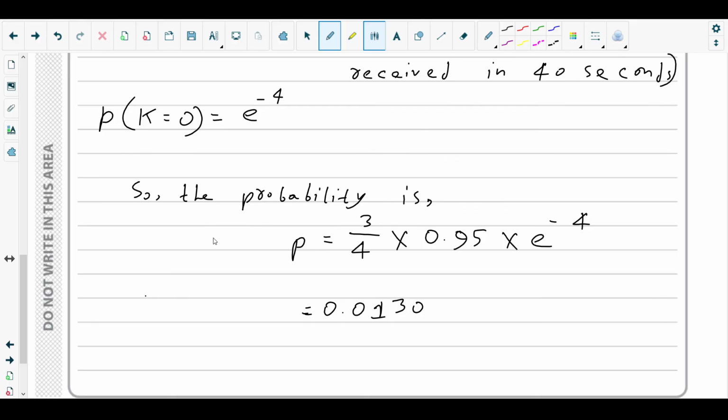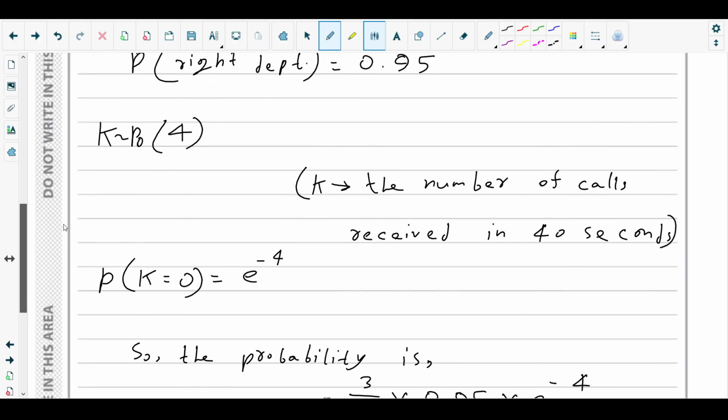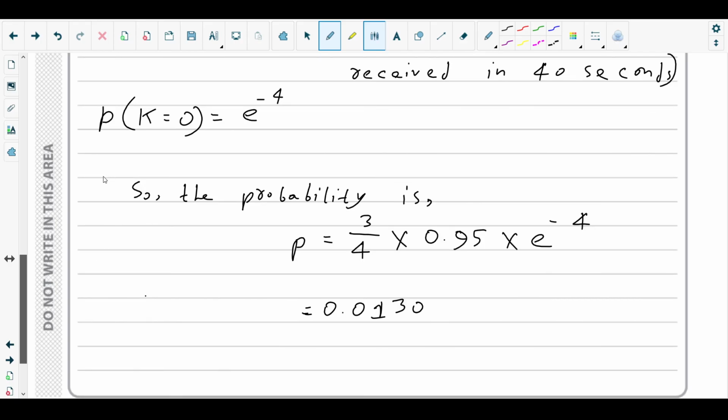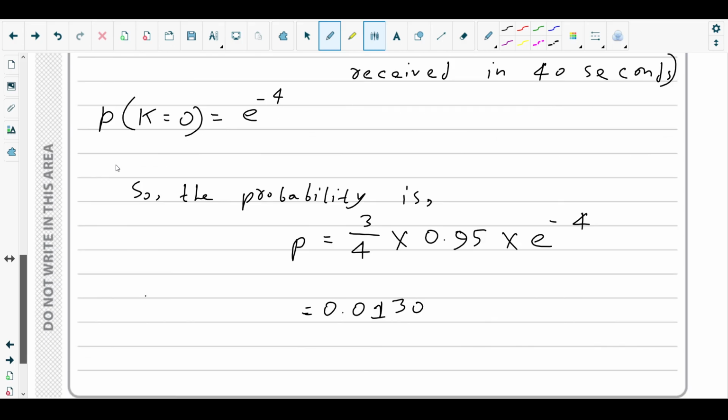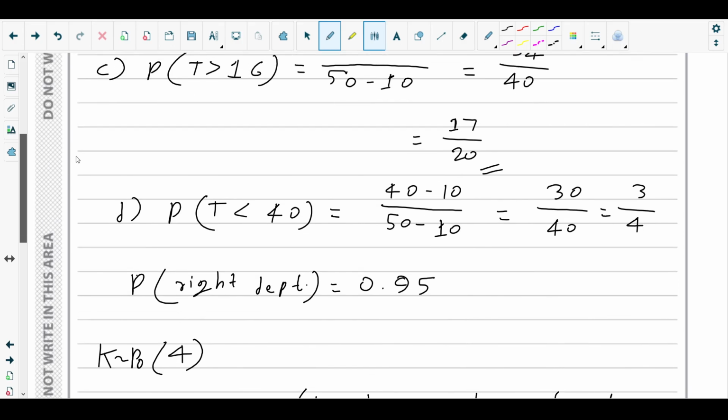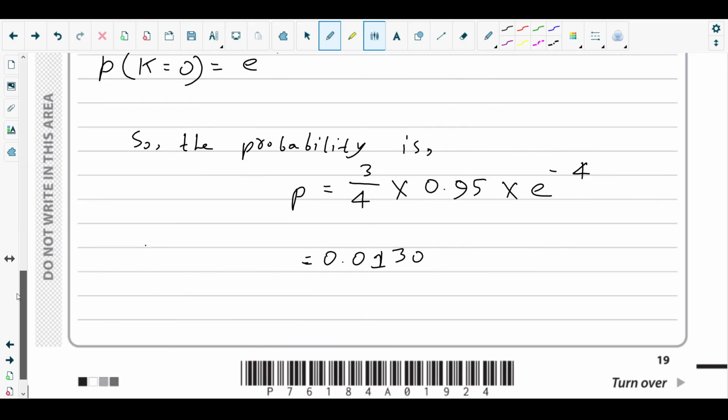Now, how many decimal places can you consider? They consider at least 2 significant figures, or 3 decimal places is fine.